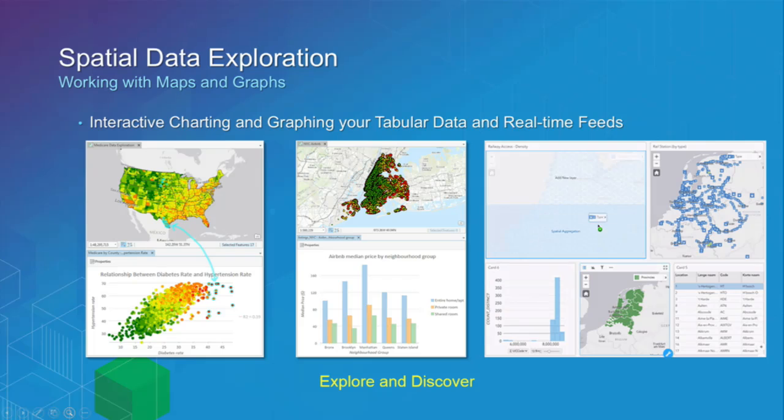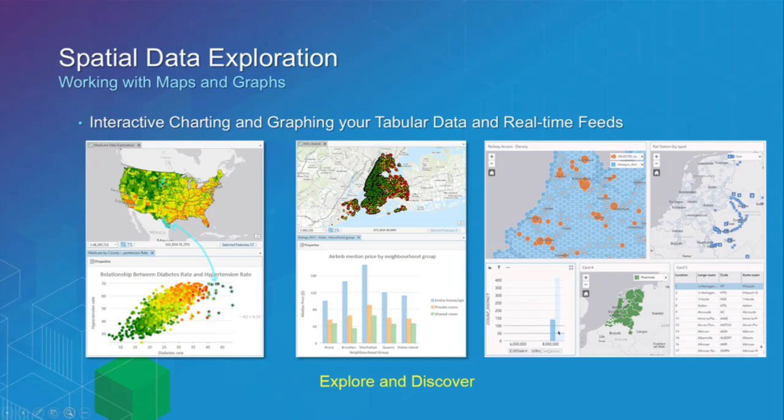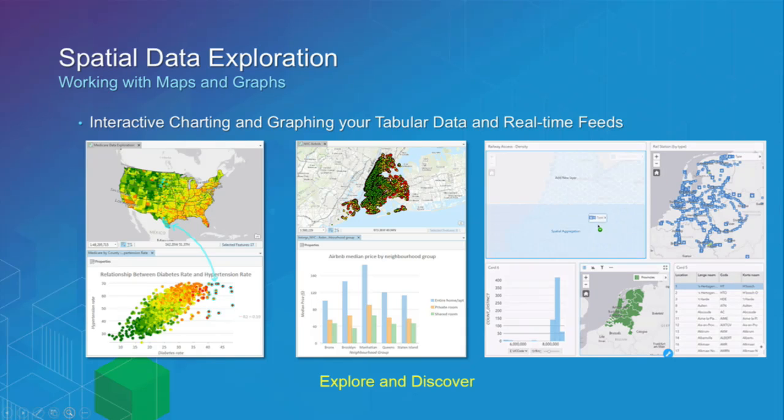And then the idea that there's associated information with the map, that you can take graphs and charts and brush features in the map and see the observations in a chart, or select a particular category or time window in the chart and see your information in new ways.